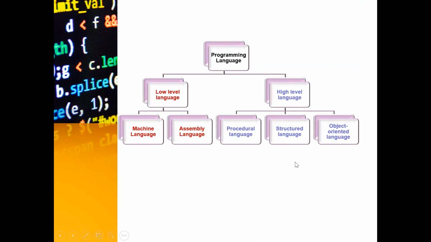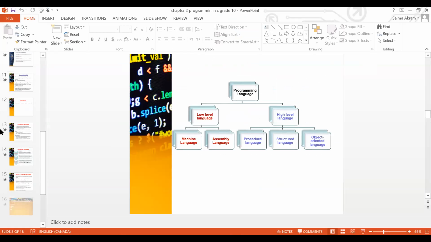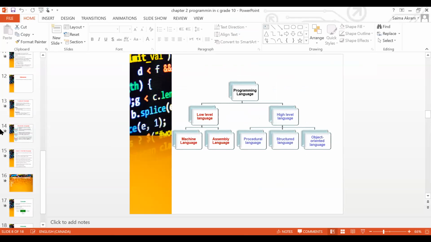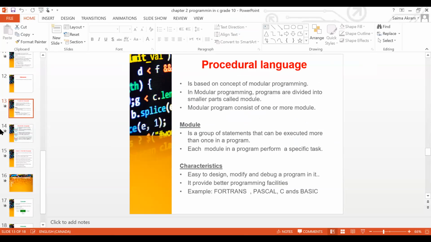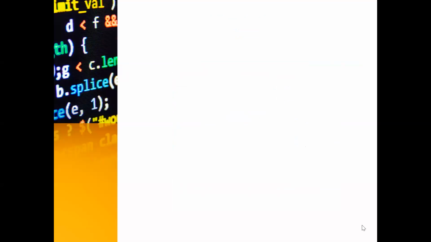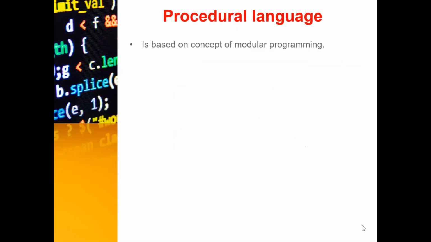Clear? So the first type of the high-level languages is the procedural language.